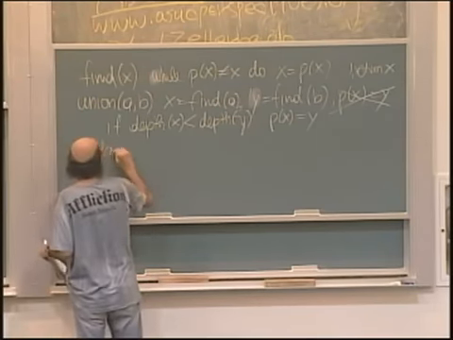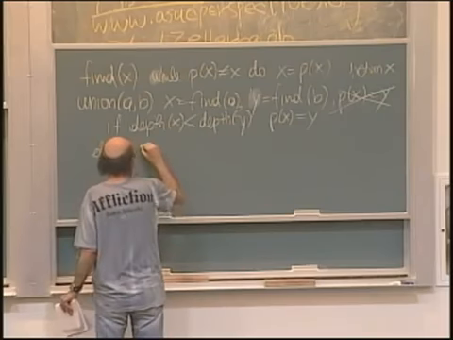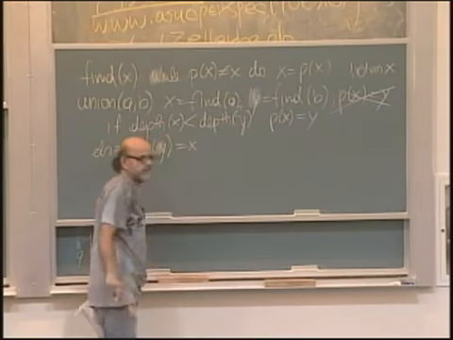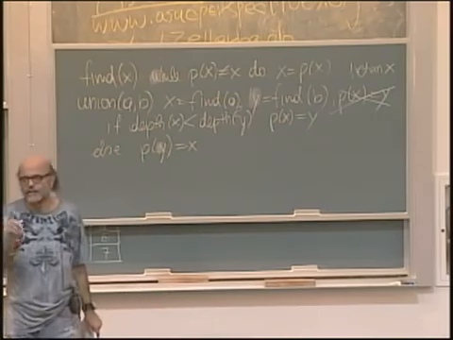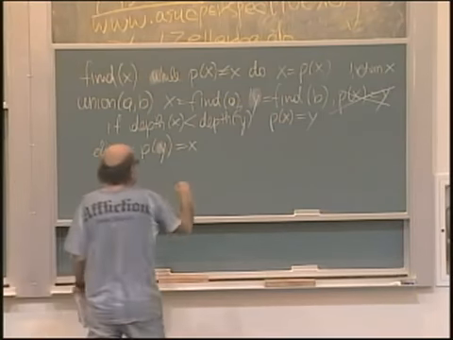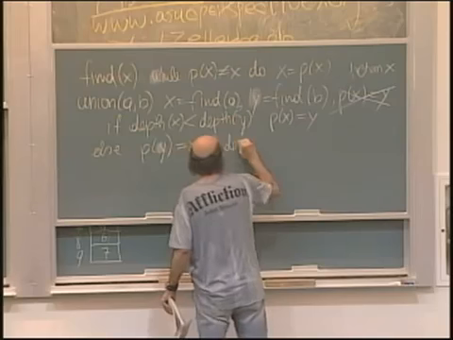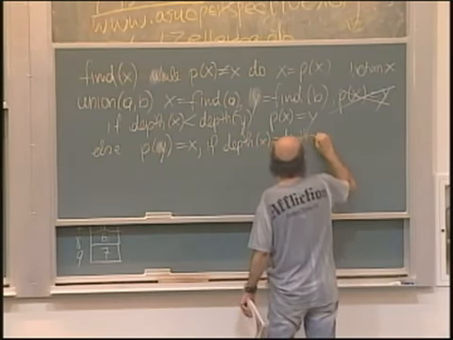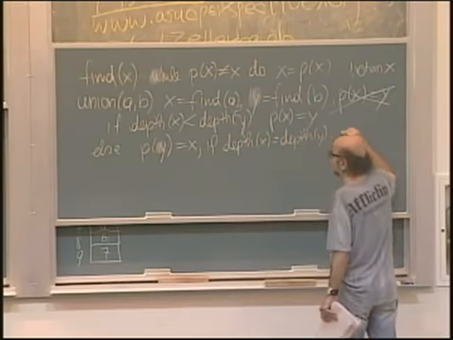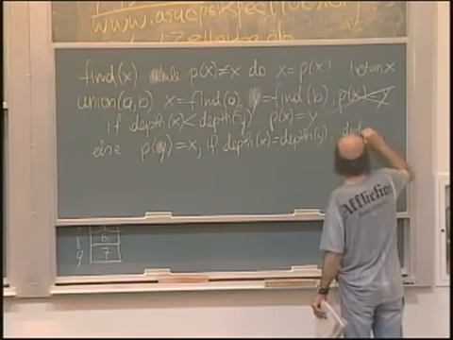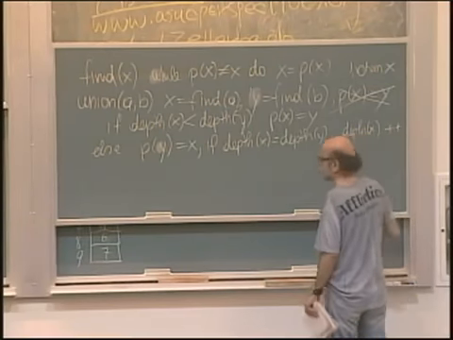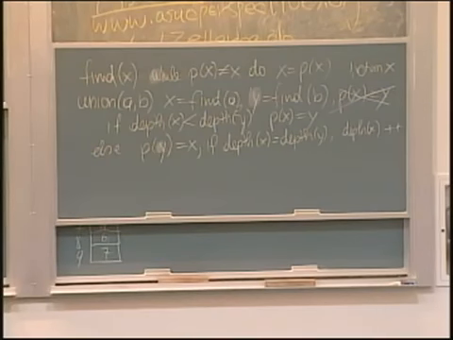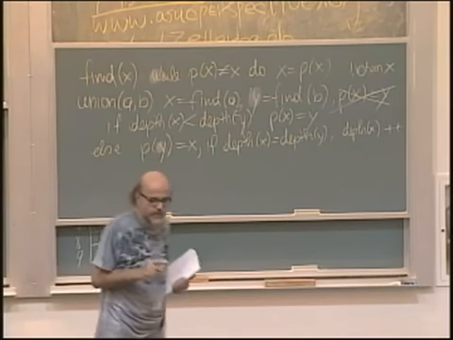Else, p of y equals x. And now I have to do something clever. If depth of x equals depth of y, depth of x is incremented by 1. Okay? You get it?